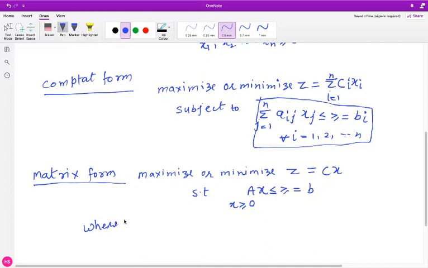where c is going to be a matrix, A is also a matrix, and x is also a matrix.